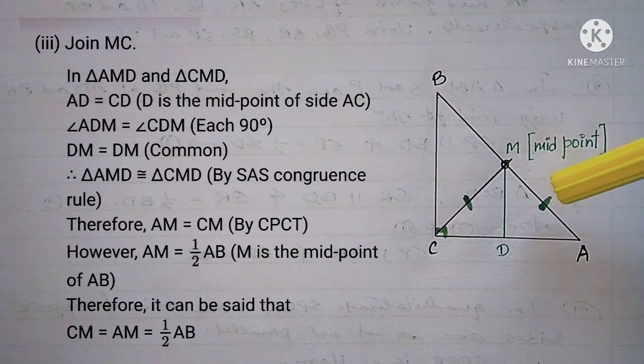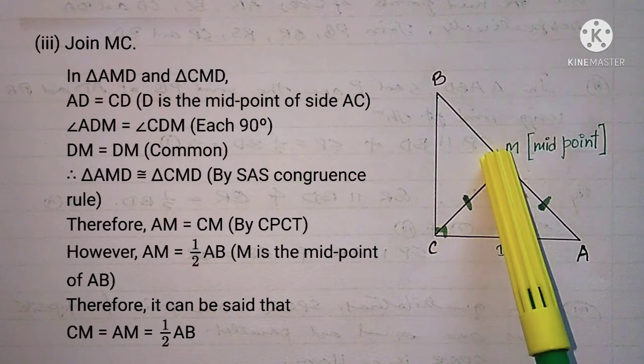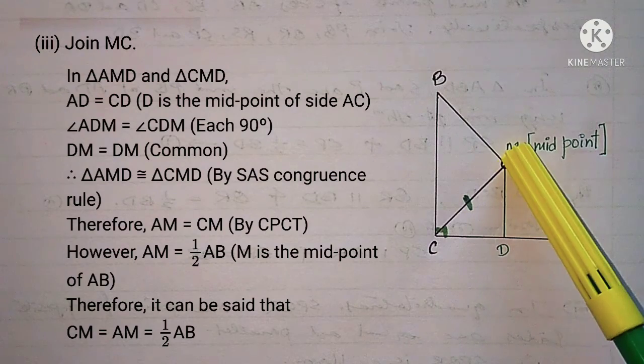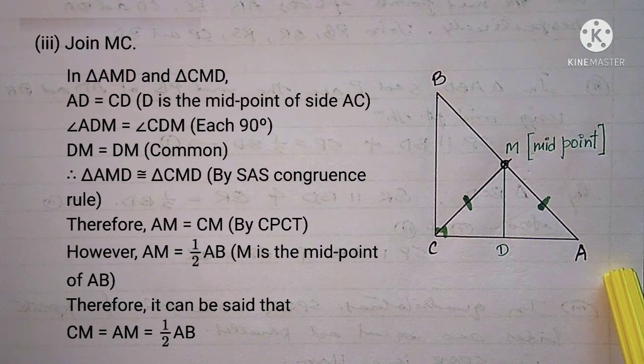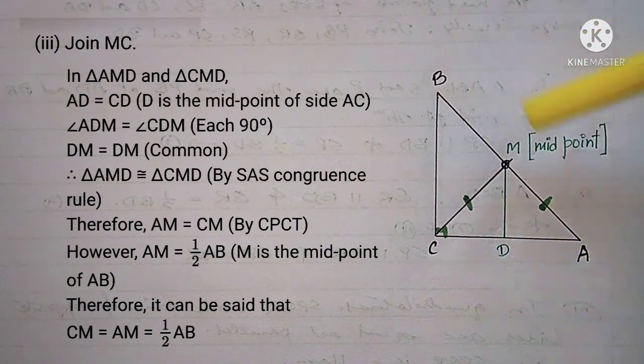And already we proved AM means CM. Is it clear? So in place of AM we can also write CM. So we can say the length of CM is equal to the length of AM or MA, whatever you write, and this whole length is equal to half of AB.